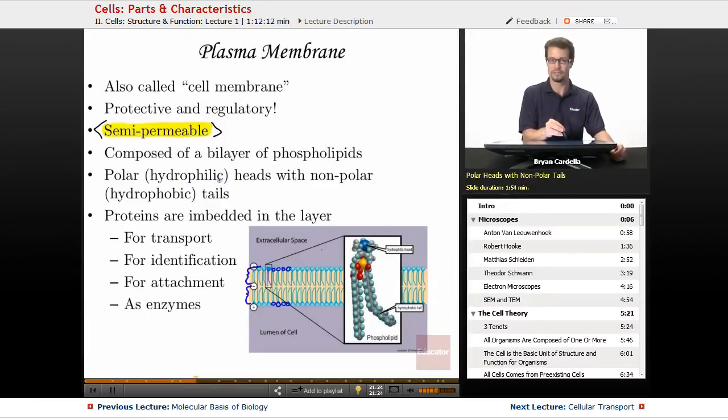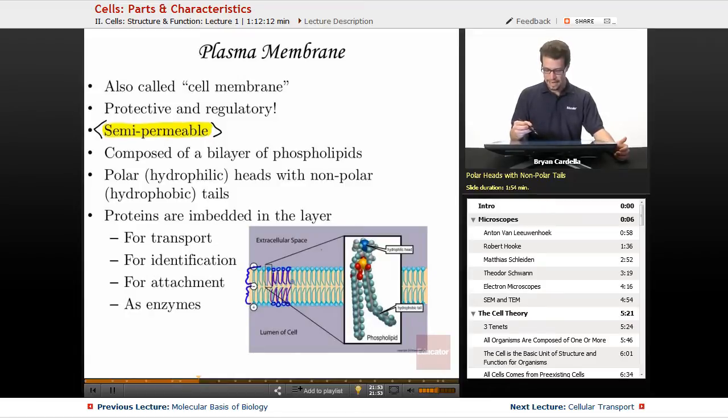So hydrophilic, loving water. With nonpolar, which gets along with lipids, lipids are nonpolar, they don't like mixing with water. Also known as hydrophobic, afraid of water. That's the tails. So these tails, let me use purple for them. There are two. And these phospholipids actually look very similar to triglycerides, which were covered a little bit earlier in this course.